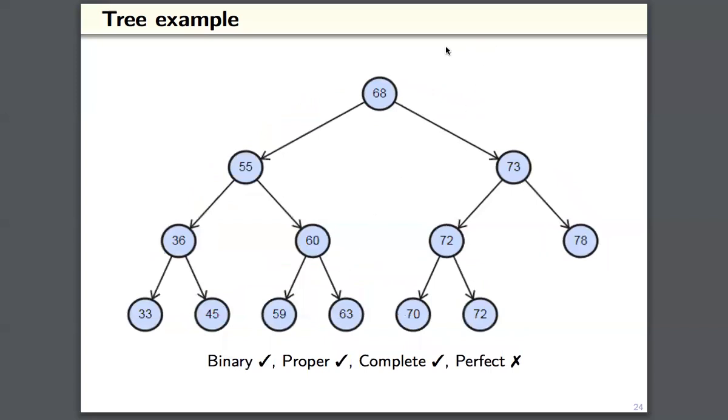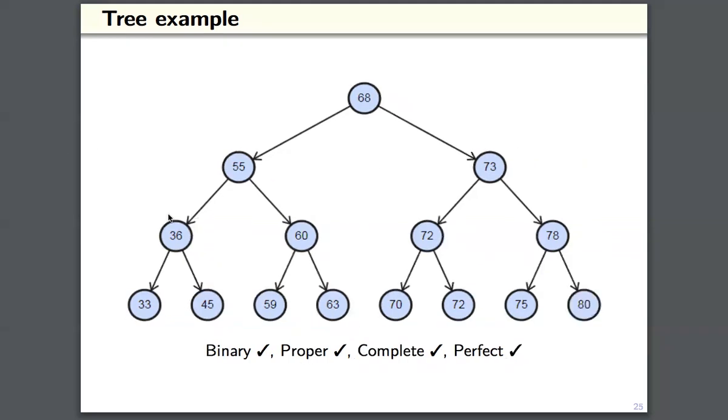Okay, what about this? Is this a binary tree? Yes. Proper tree? Yes. Complete tree? Definitely. Perfect tree? No. Holes, right? Okay. What about this? Is this a binary tree? Yes. Proper tree? Yes. Complete tree? Perfect tree. If it is a perfect tree, it should be all these things.